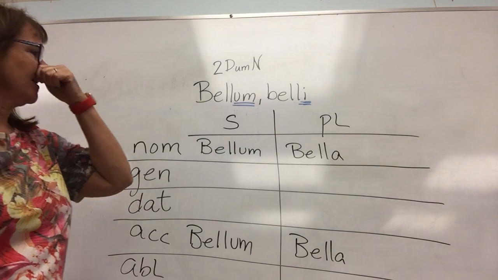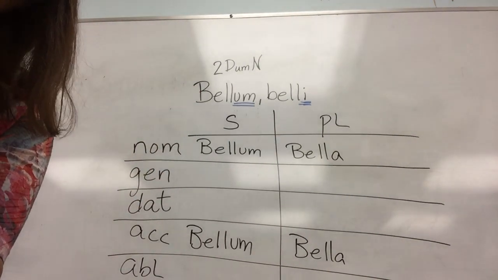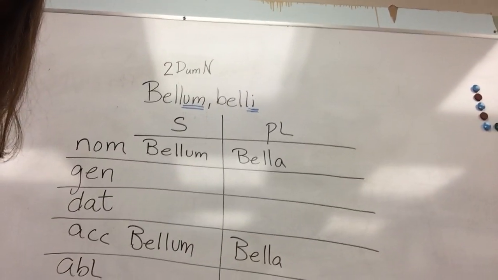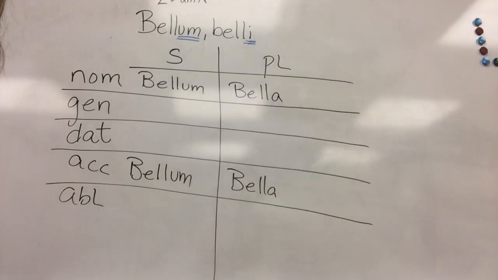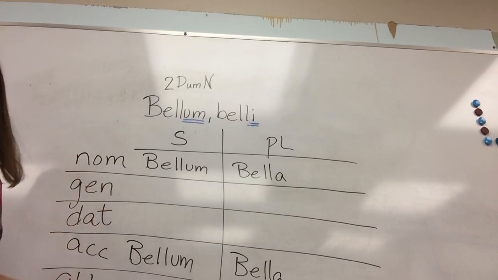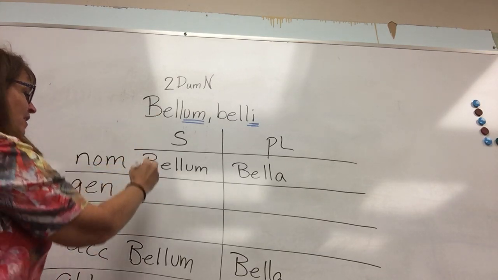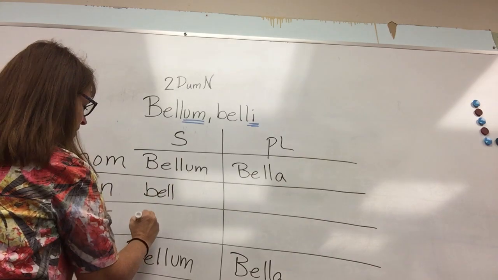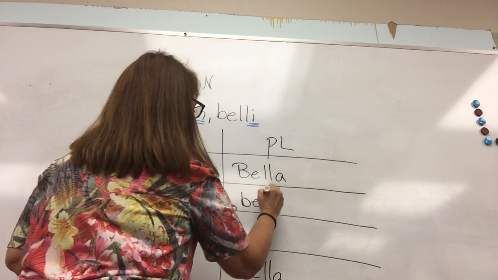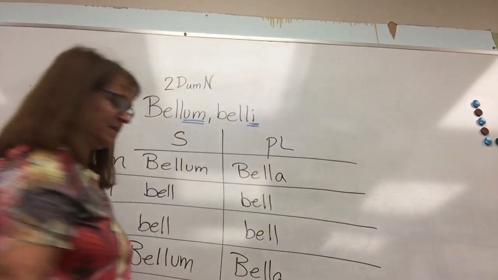So, by the way, that is the word for war, in case you hadn't started learning your vocab yet, okay? Try to get this so you can see a little better, okay? I'll do that in a second. So the rest is just like our second declension masculine. Okay, so I'll get my stem there. Bell, bell, bell, bell, bell, and bell for ablative.